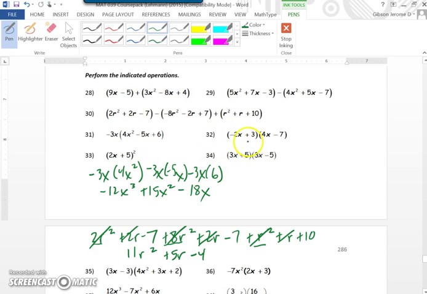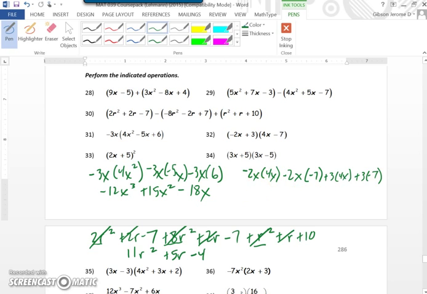Now, problem 32. We have two binomials multiplied by each other. So we know we will multiply them. We would take negative 2x times 4x, negative 2x times negative 7. Then we would take a positive 3 times 4x and a positive 3 times negative 7.